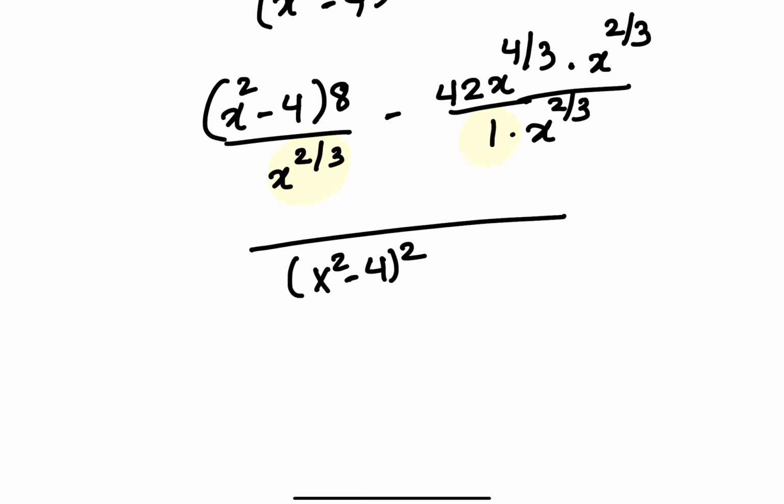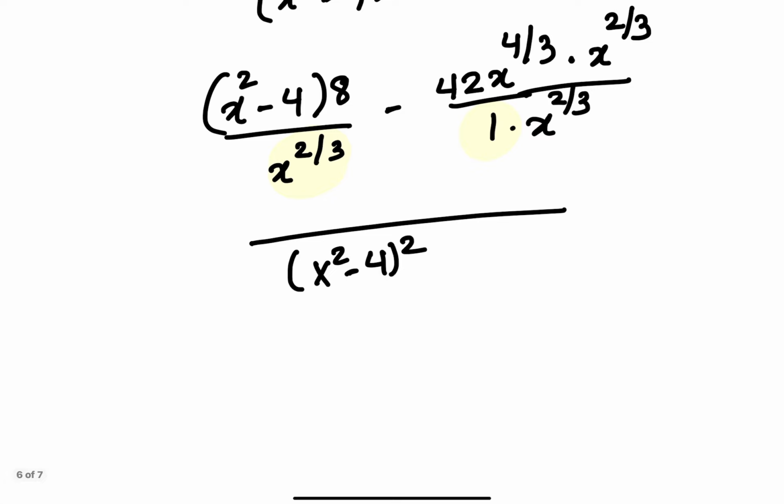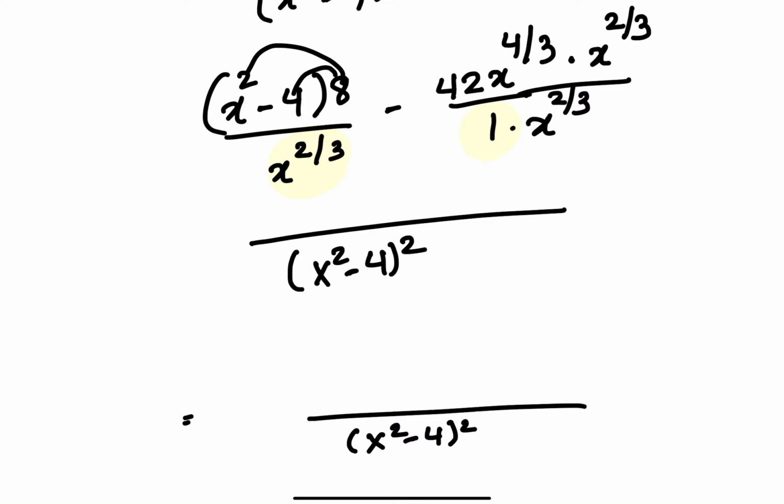The denominator stays x squared minus 4 squared. I'm going to multiply the 8 and 8. So I have 8 x squared minus 8 times 4 is 32. Minus 4/3 plus 2/3 is 6/3, which is 2.